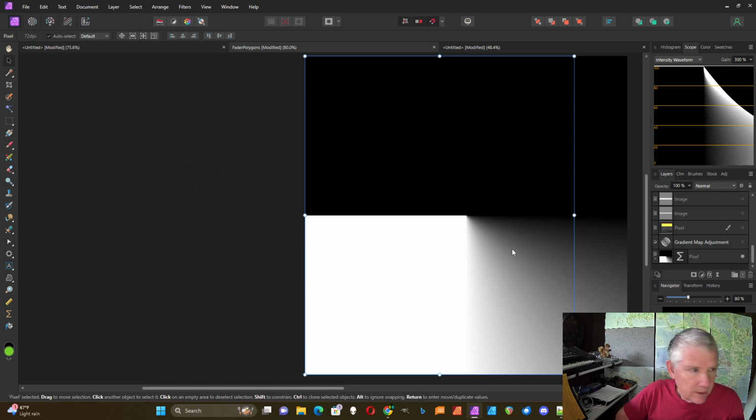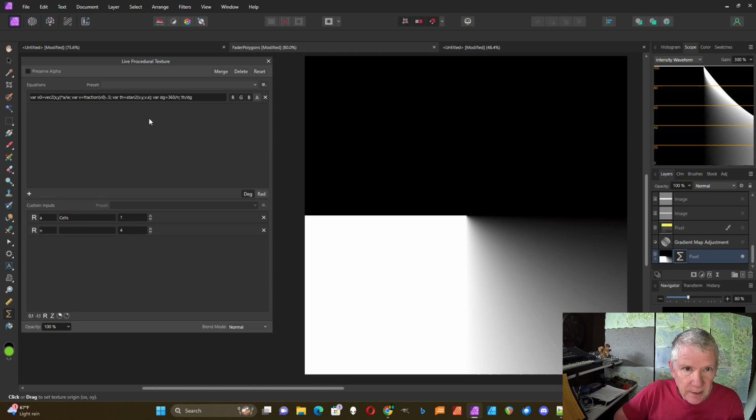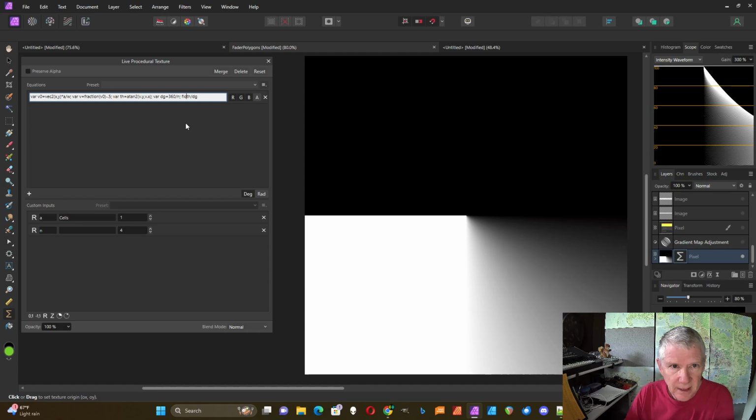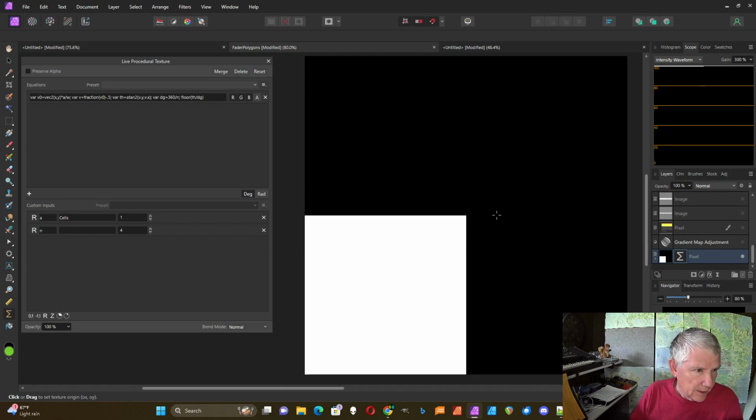Next thing I'm going to do is take the floor of this. Floor rounds down, and so it cuts off this gray area. It makes everything black and white because it's going to go in whole number steps.